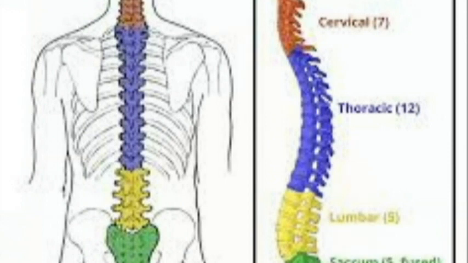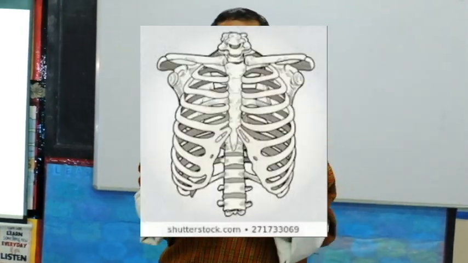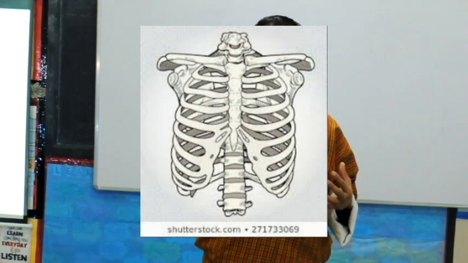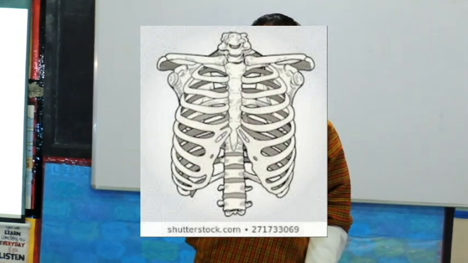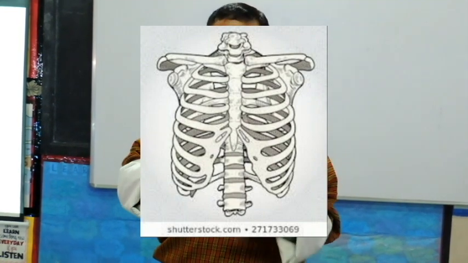In the front portion of the backbone, we have the rib cage, which has 24 ribs, and they are connected by a strip of bone called the chest bone, scientifically called the sternum.